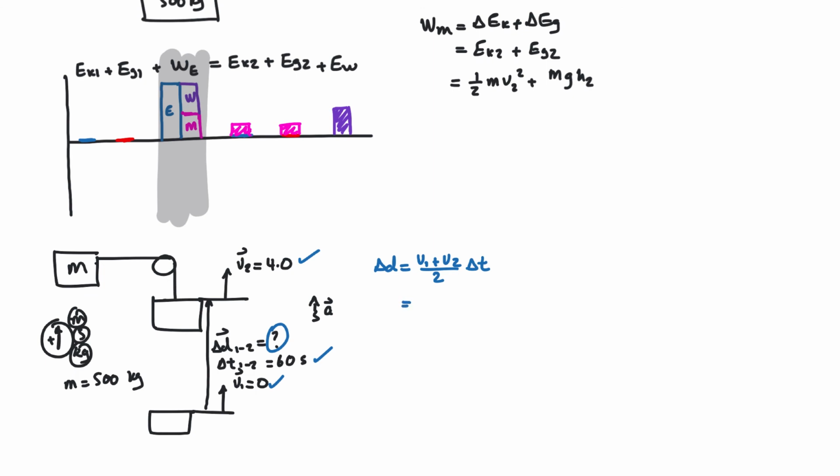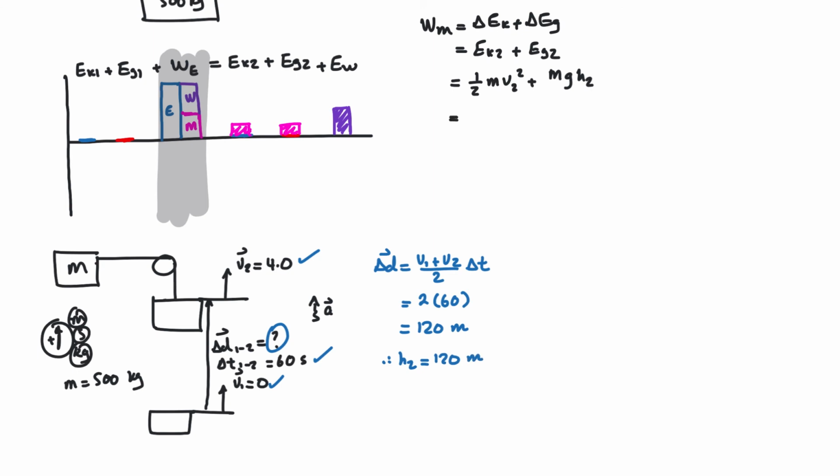And that's (4 plus 0) divided by 2, which is 2, multiplied by 60, and that will give me 120 meters is the total height from here to here. And assuming that it starts from height of 0, my final height 2 is going to equal 120 meters here.